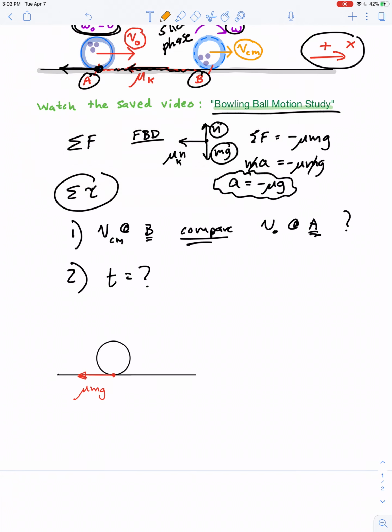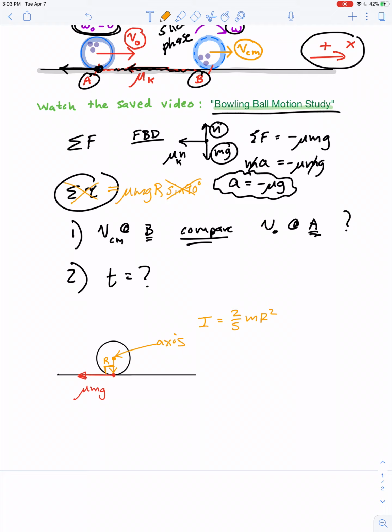And let's consider the center of mass to be our axis of rotation. That means if a bowling ball is modeled as a solid sphere, the rotational inertia is 2/5 mr squared, and the friction force is acting with a lever arm of capital R and acting at an angle of 90 degrees relative to the force. So our net torque is equal to a force of mu mg acting with a lever arm of R, and I'll go ahead and write in sine of 90 degrees, but then again we know that's just equal to 1.